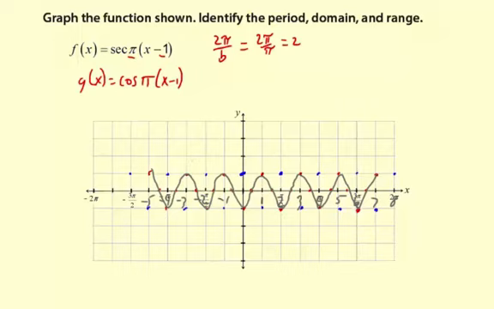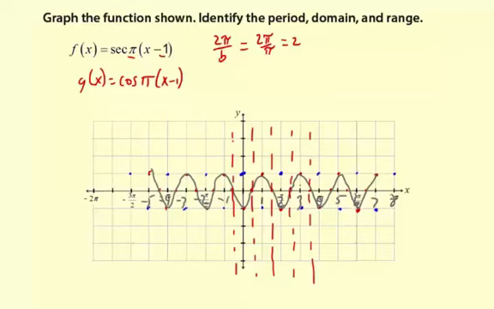Now we need to convert it to the secant function. So all the zeros become asymptotes, first of all. This is going to be a pretty compact graph here. Okay, well, that's enough to give you the right idea.